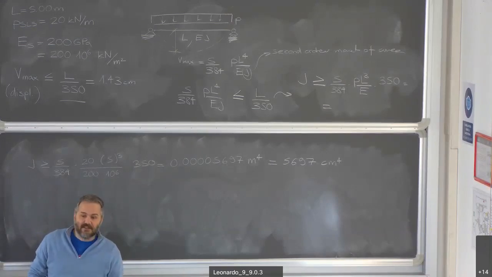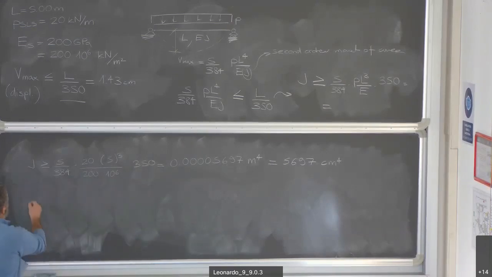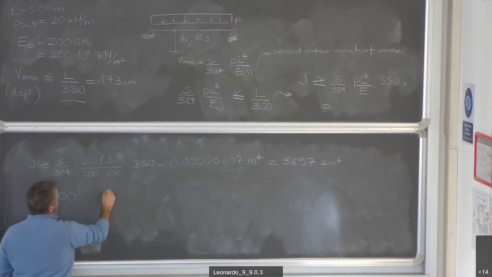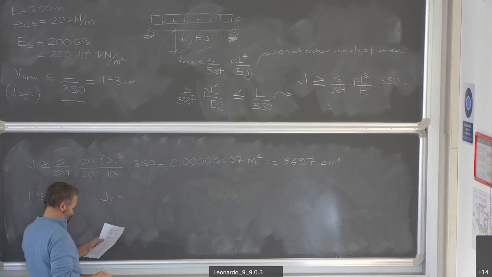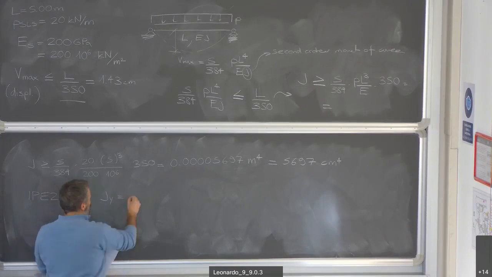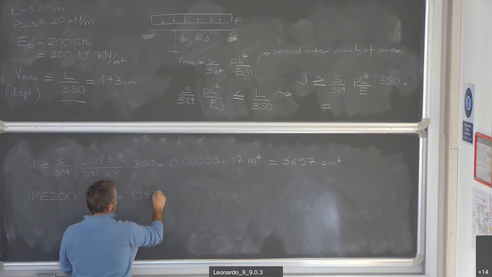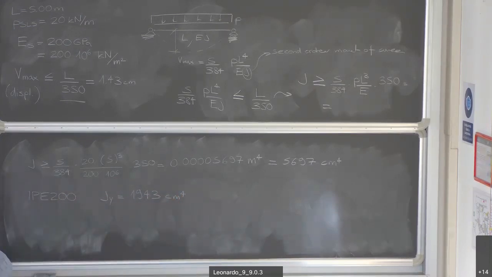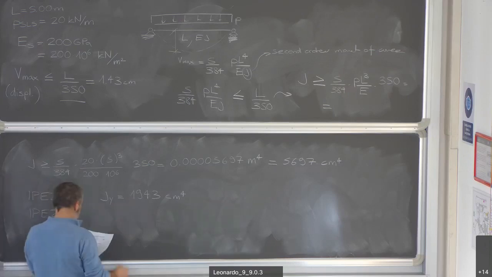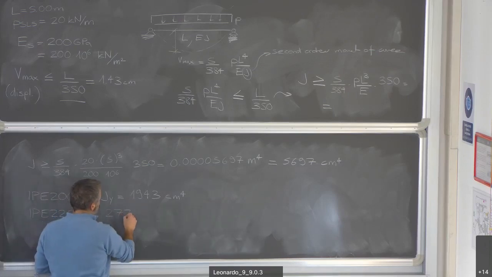For example, if I have an IPE 200, J, here it was called JY, is equal to 1943, too low. If I have an IPE 220, I'm just writing the number, 2772.